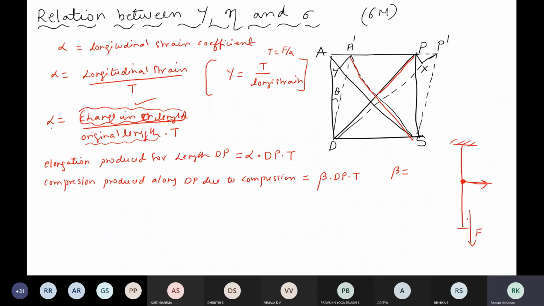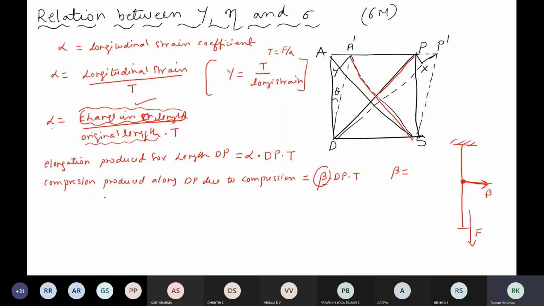If elongation is happening here, compression is happening here, so that is beta. So I wrote the compression produced along dp due to compression strain is beta dp dot t. Do you understand? When dp is increasing in length, dp is also undergoing change in thickness. So that is compression, and that is why we have taken the term beta.